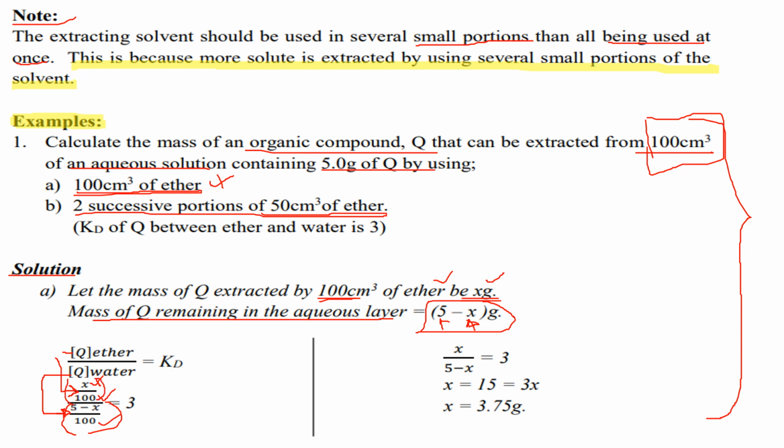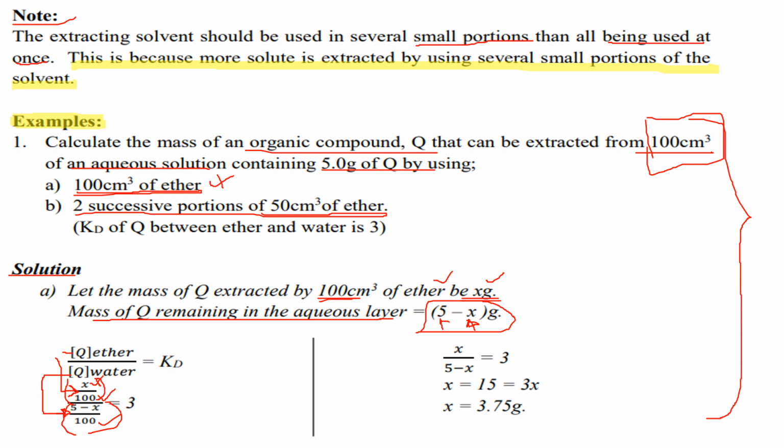Now in your O-level you studied finding reciprocal, so that will be x divided by 100, and also divided by 5 minus x divided by 100. But when you find reciprocal, you find that 100 will cancel.